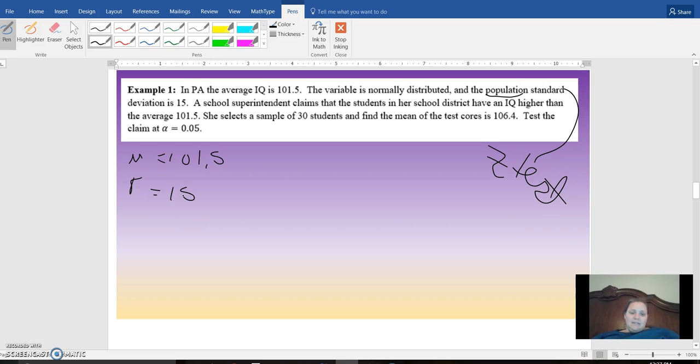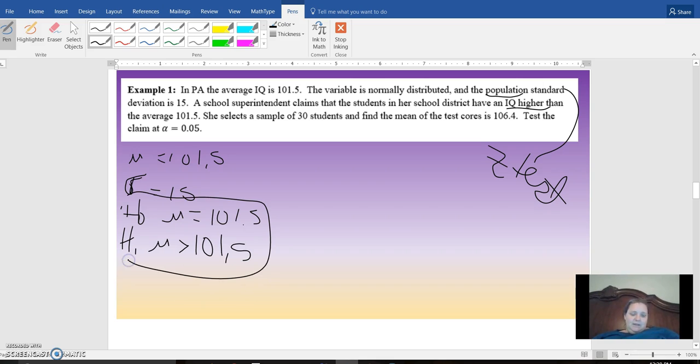A school superintendent claims that the students in her school district have a higher than average IQ. That's what she claims. That means that's the alternative hypothesis. So the null hypothesis would be that guy.